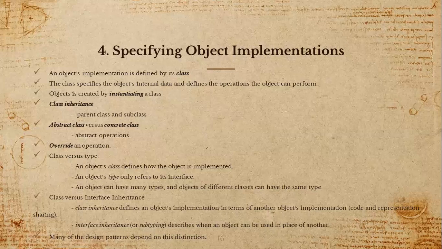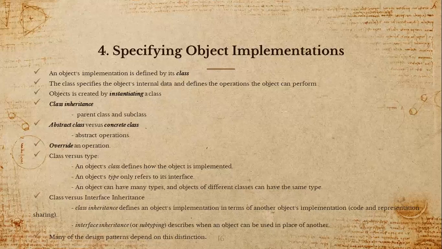Objects that are instances of the subclass will contain all the data defined by the subclass and its parent class, and they will be able to perform all the operations defined by the subclass and its parents. We indicate the subclass relationship with a vertical line and a triangle.